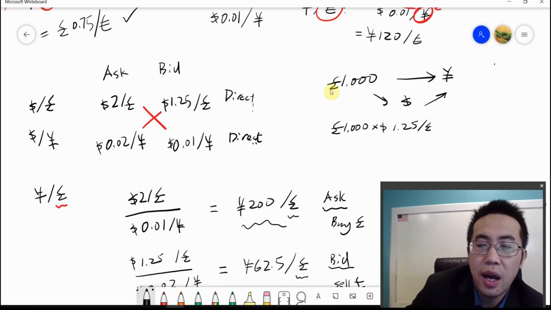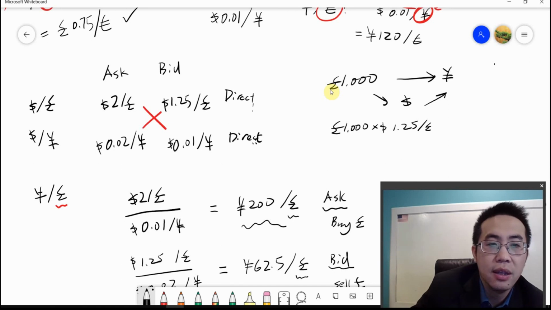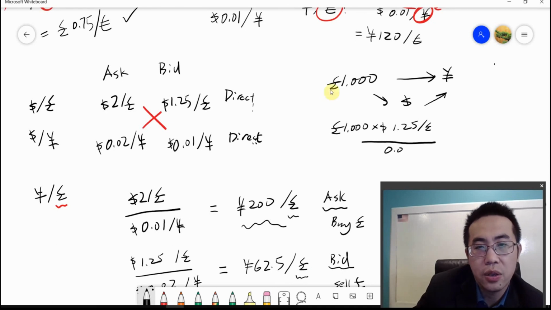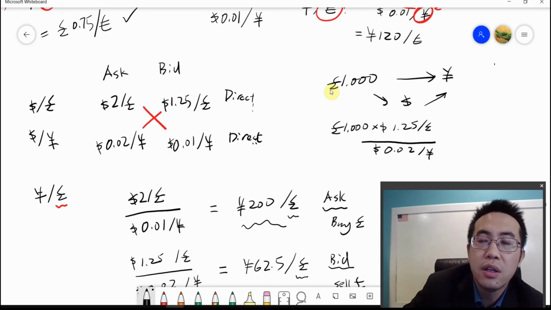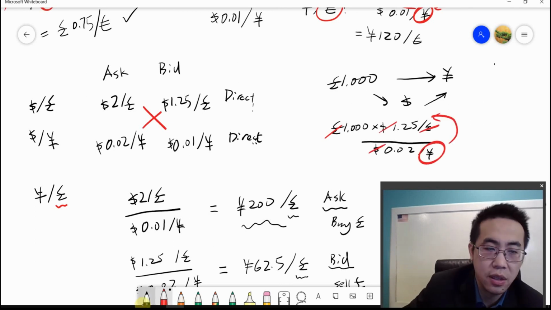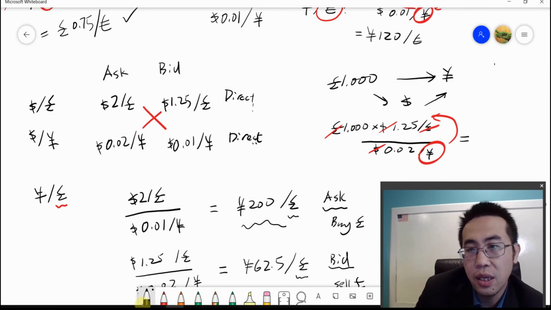Okay, and then I will sell the dollars to buy Japanese yen. So if I'm buying Japanese yen, then I will need to divide the ask price of the direct quote. So divide $0.02 per yen. Okay, so in this whole process, you will see a pound and a pound get canceled, dollar canceled, yen flips to the top. So the answer at last will be 62,500 Japanese yen.